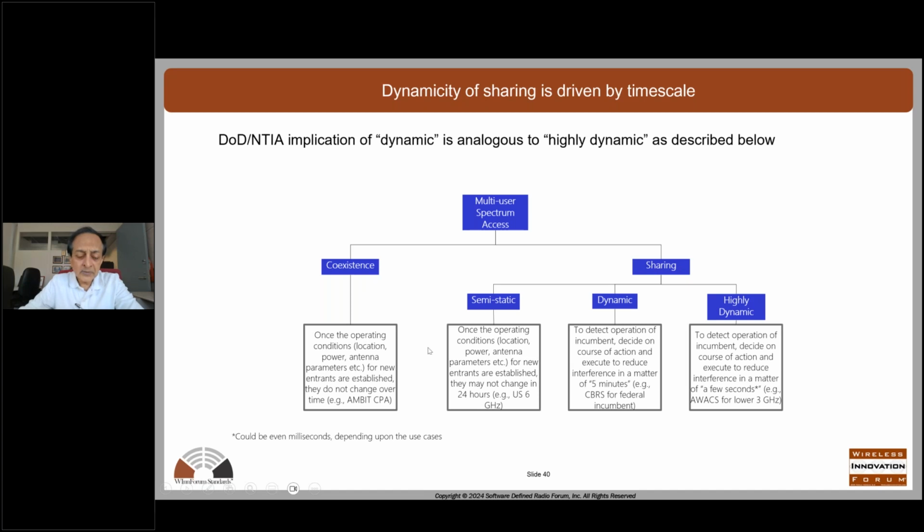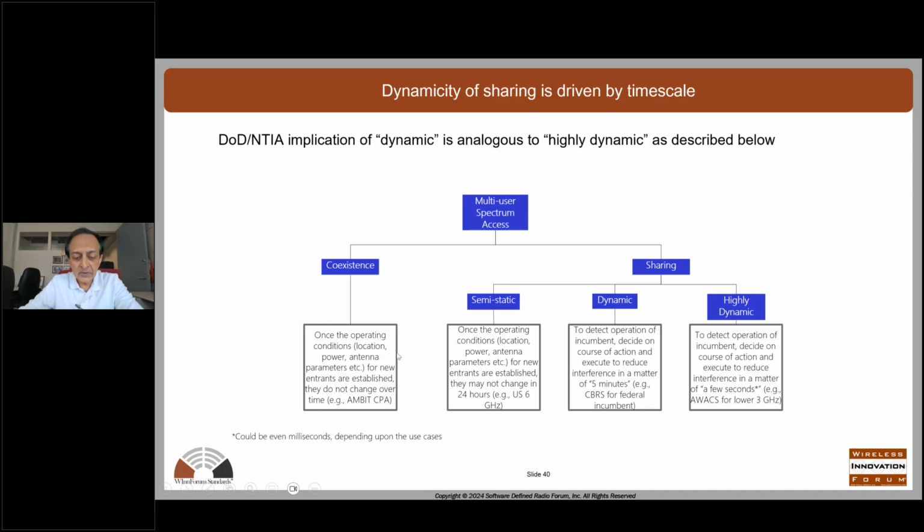For coexistence, we said once the operating conditions are established, they do not change over time. Like, for example, the AMBIT CPA, once we agree that these are the base stations that can operate and these are the conditions under which they can operate, they do not change over the life of the use of the new entrant. They do not change.